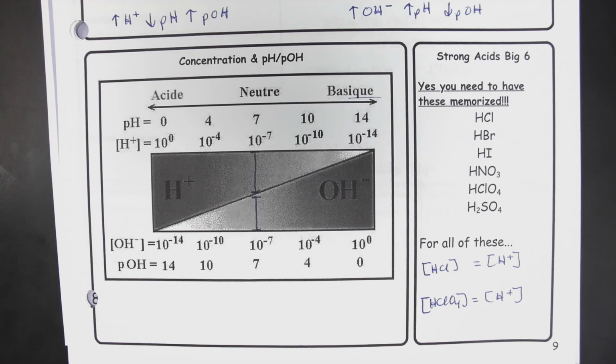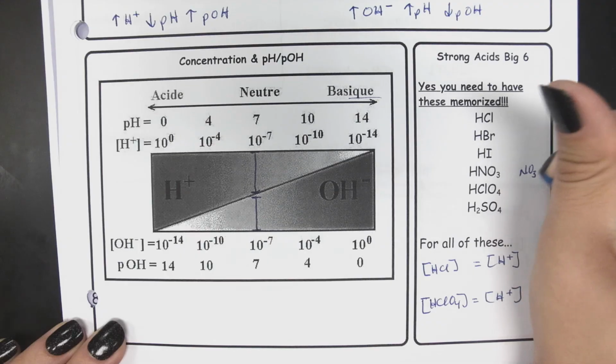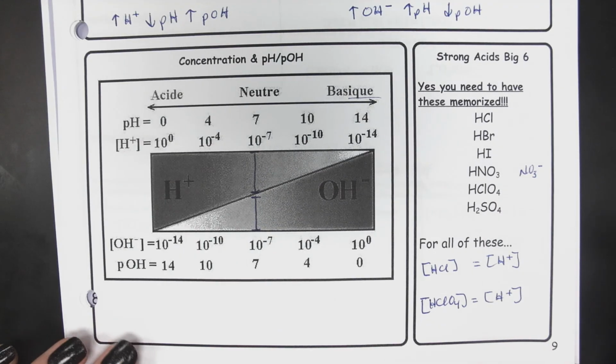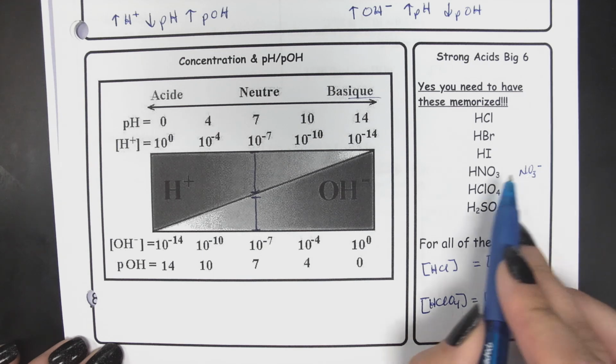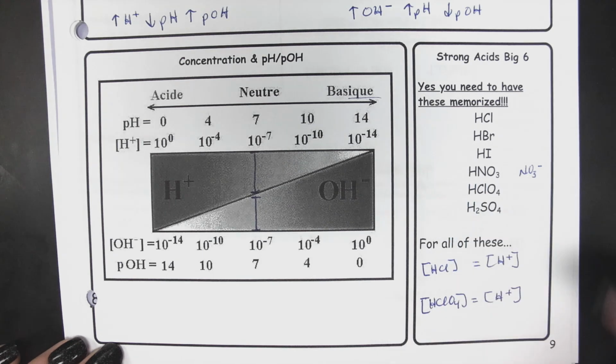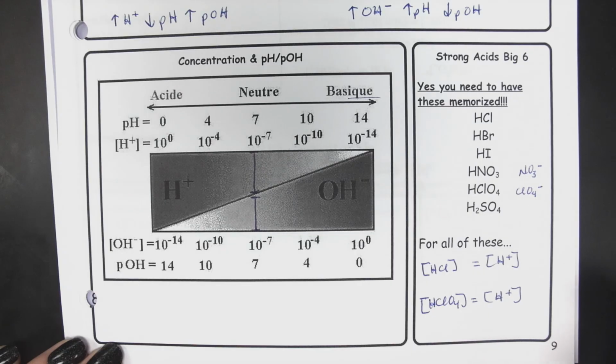The other thing is you need to know your polyatomic ions. I know that was last year, and we're going to remind ourselves about this in the next unit. Here's one of them, NO3-. The name of that guy is nitrate. And if you put hydrogen in front of nitrate, you get nitric acid. If you take ClO4-, that's perchlorate.